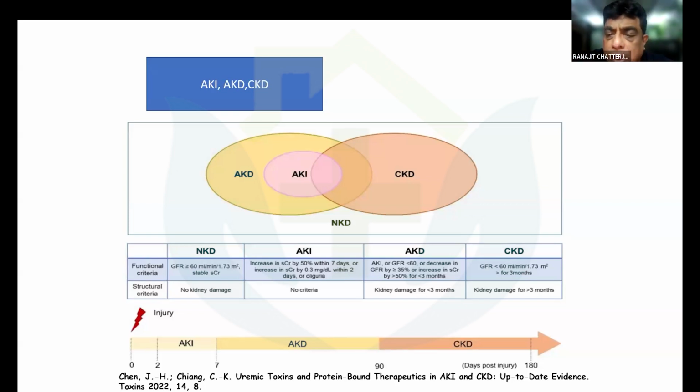The moment the GFR decreases below 60 for more than 3 months with a structural change in the kidneys, we define it as CKD. So quite specific definitions and time frames have been drawn. So questions might come from here: what is AKI, what is AKD, and what is CKD.